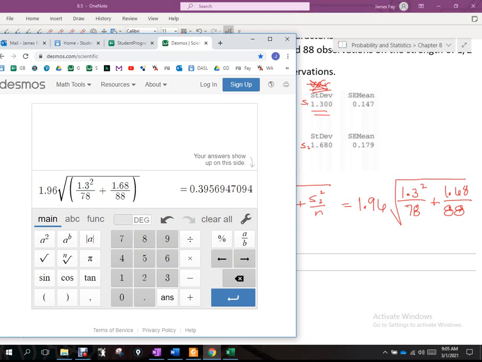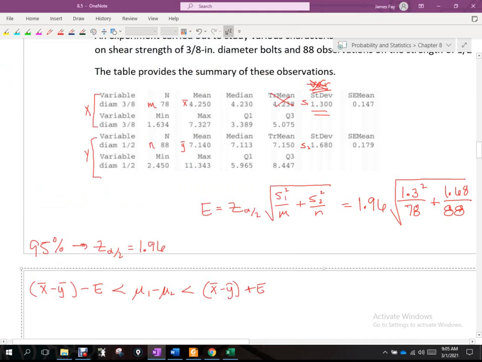So we're getting that value. Oh, I didn't square this one. So 0.454. E is 0.454. Okay. So that is what we're going to subtract from x bar minus y bar, and it's what we're going to add to x bar minus y bar.